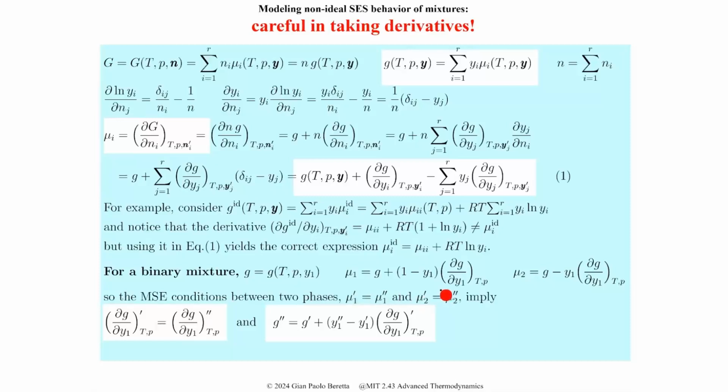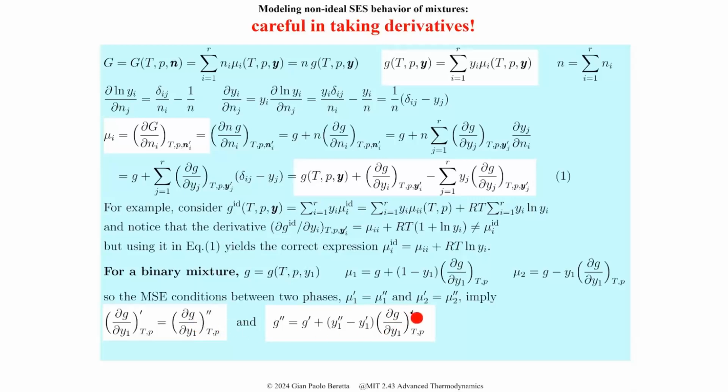So these give two relations, and from these two relations you can obtain, by substituting these two expressions, that the partial of g with respect to y must be equal for the two phases. Even if this derivative doesn't represent the chemical potential, but only a part of it, still it has to be equal for the two phases.